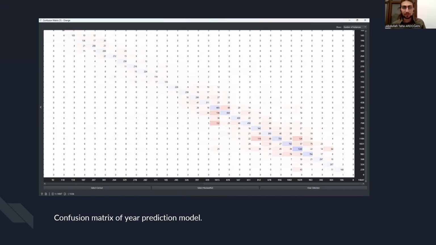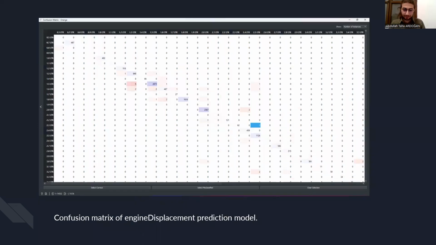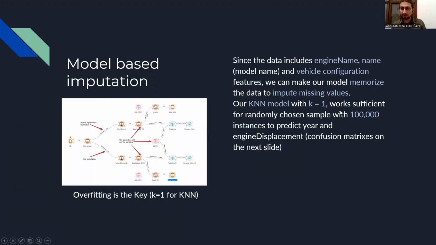Actually, we didn't apply the imputing model to our data set because the data is too big. Even 100,000 data takes lots of time, but we have 3 million data. But then don't use much time, use the average method.